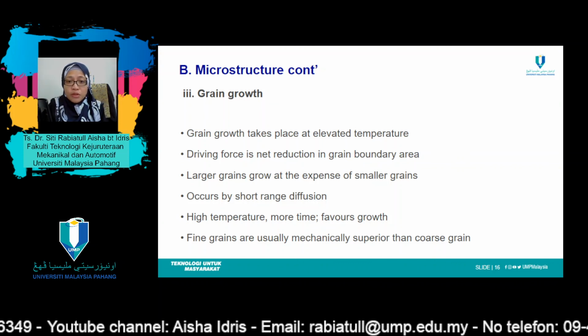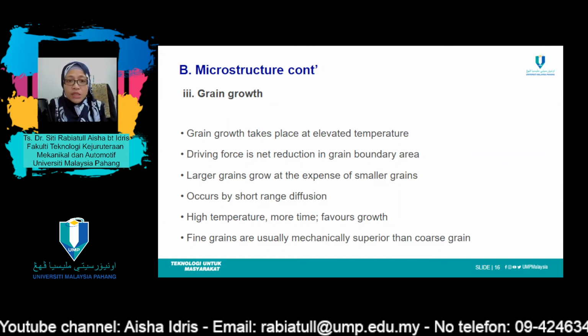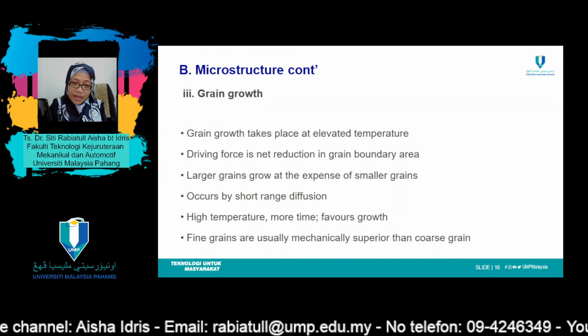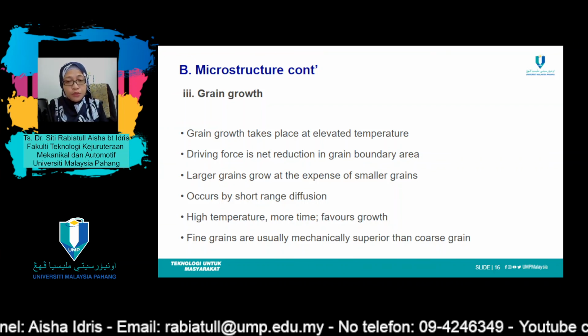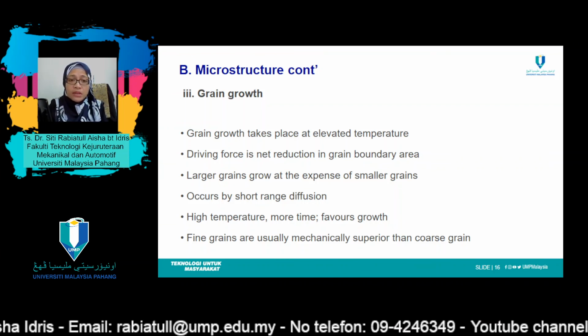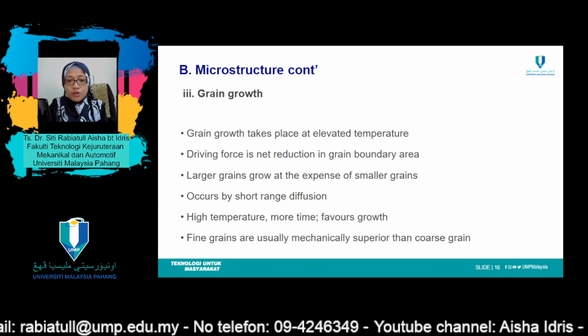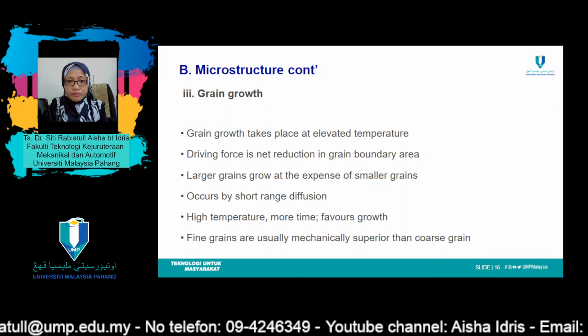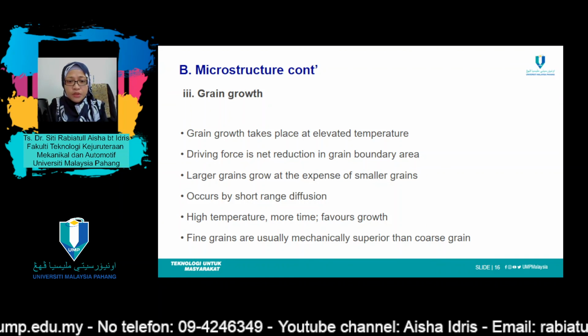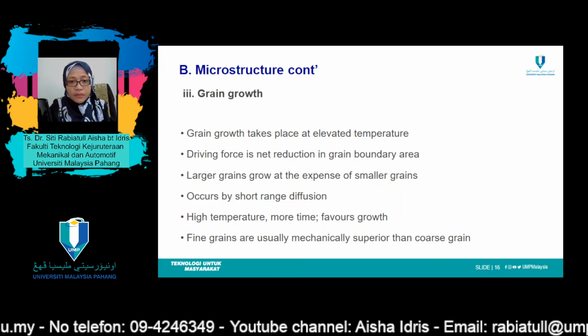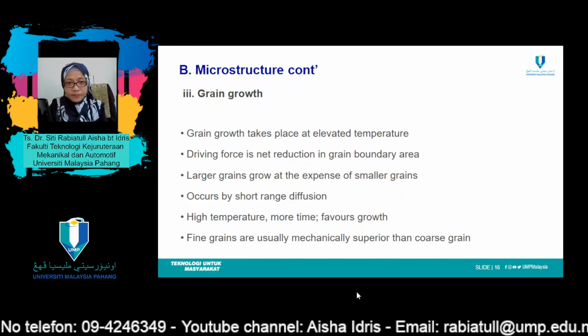Boundary motion is just the short-range diffusion of atoms from one side of the boundary to the other. The directions of boundary movement and atomic motions are opposite to each other.